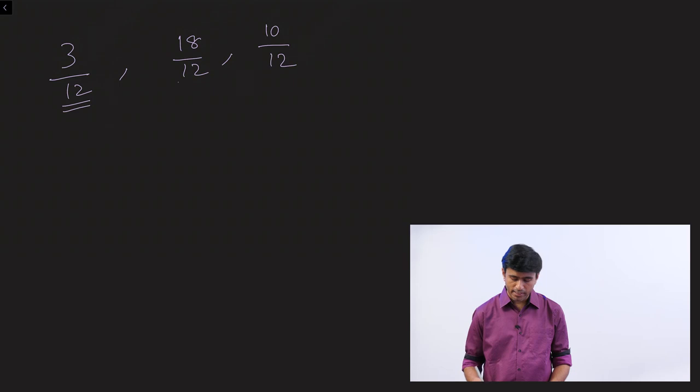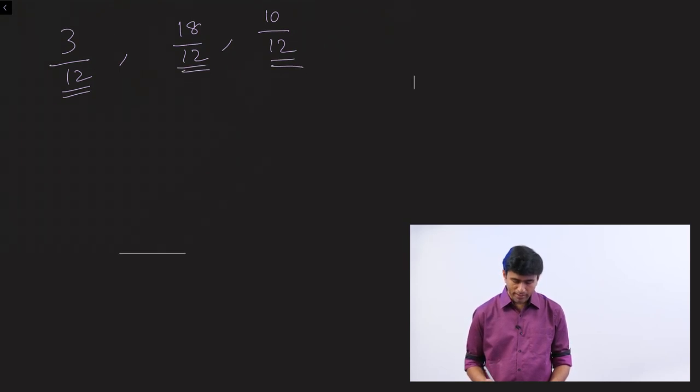The denominators are the same, so you only have to look at the numerators. So how do we write it in ascending order? 3 by 12 is the smallest, followed by 10 by 12, followed by 18 by 12.